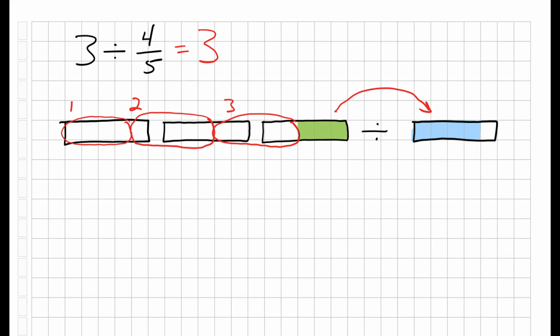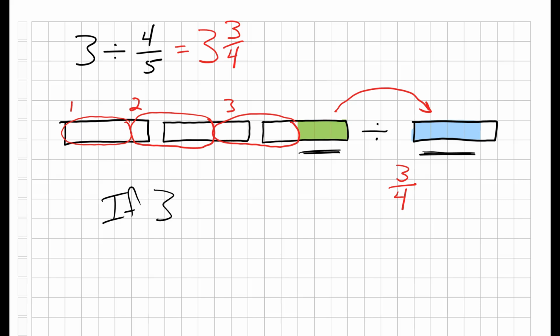So what part of my divisor is this group of 3 blocks? Well, 3 parts out of 4 is 3/4. So my answer is 3 divided by 4/5 is 3 and 3/4.